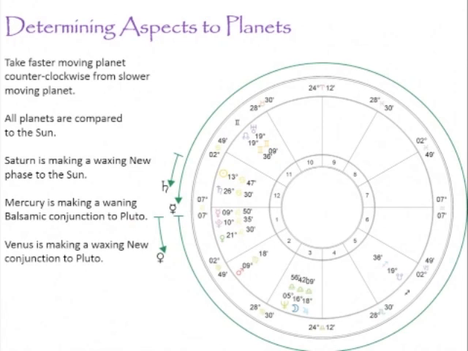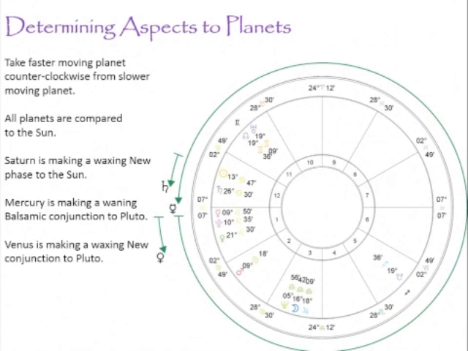So you're also familiar with this slide as well, and so we're going to review this for a moment. When we work with determining aspects between any 2 planets in evolutionary astrology, we always compare the faster moving planet to the slower moving planet.